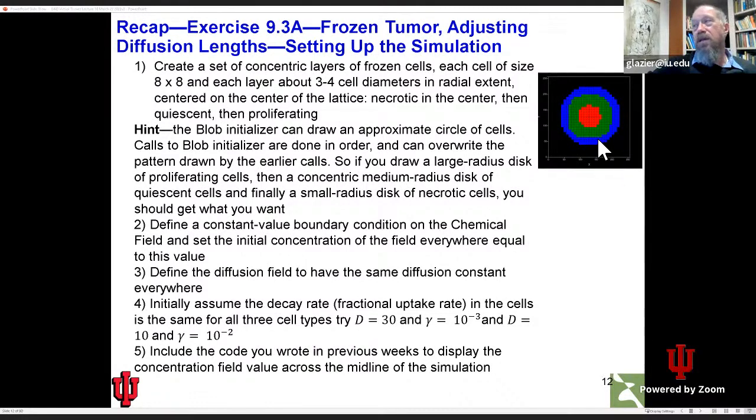Now, potentially some of the cells at the boundary, if I haven't been careful, the green cells could partially overlap the blue cells, and the red cells could partially overlap the green cells rather than being nice and clean. In reality here, if I'm freezing the cells, I don't care.